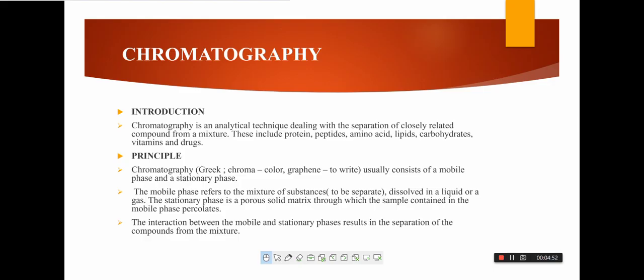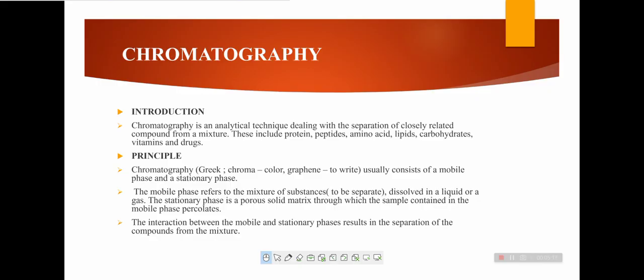In chemical analysis, chromatography is a laboratory technique for the separation of a mixture into its components. The mixture is dissolved in a fluid solvent called the mobile phase, which carries it through a system on which a material called the stationary phase is fixed.